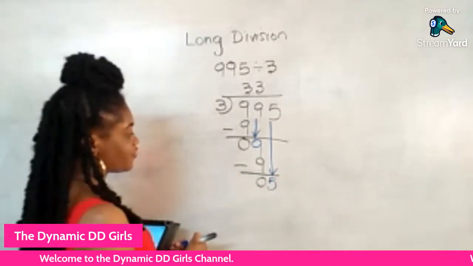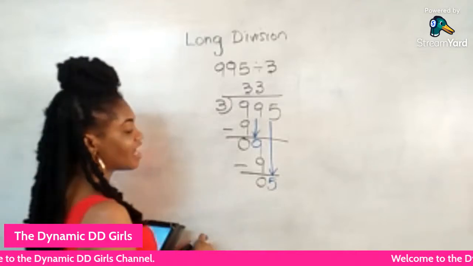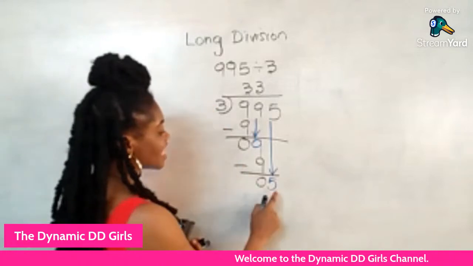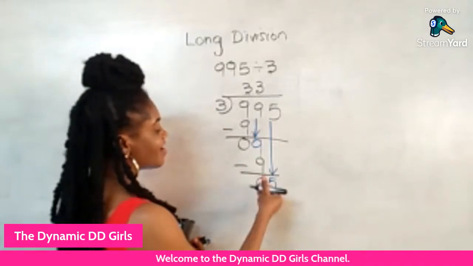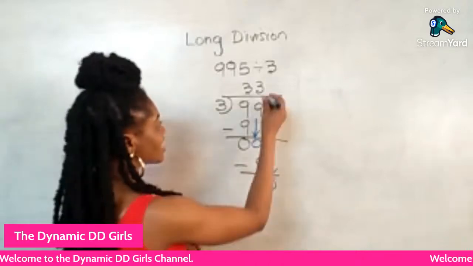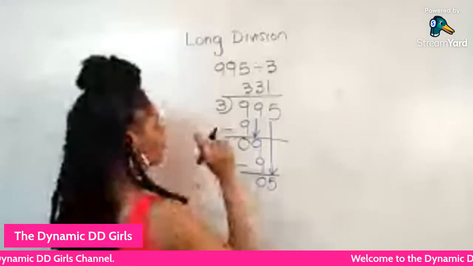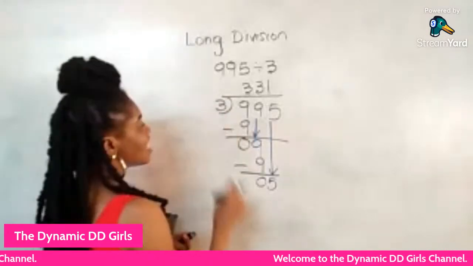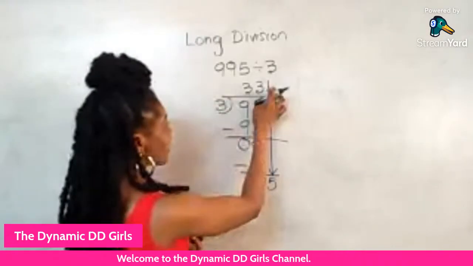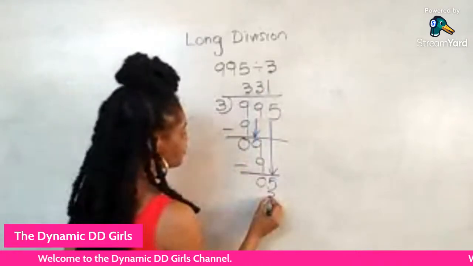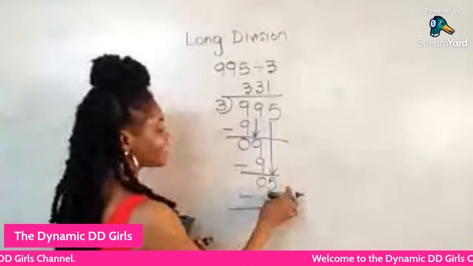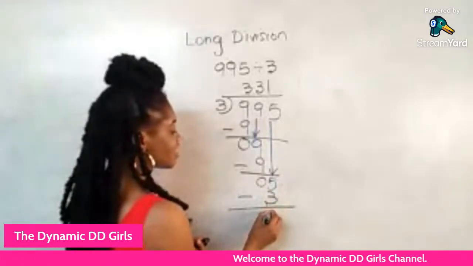It's not 50 but 5. How many groups of 3s can you get from this 5? You can get one group of 3s. 3 multiplied by 1 gives you 3. You draw your line, take away. When you have 5 things and give away 3, you are left with 2.